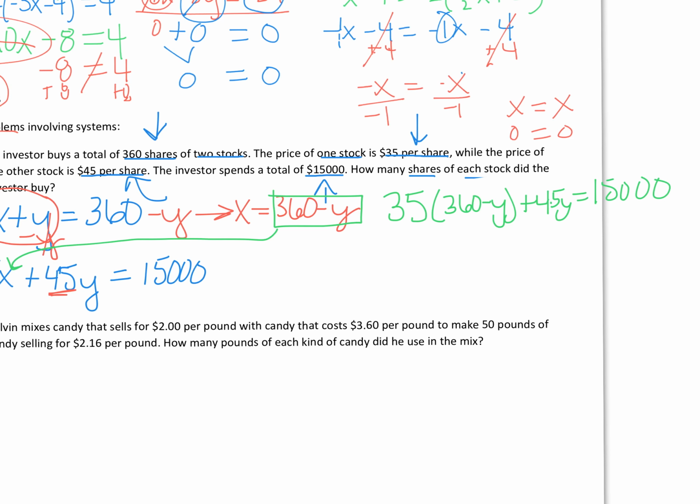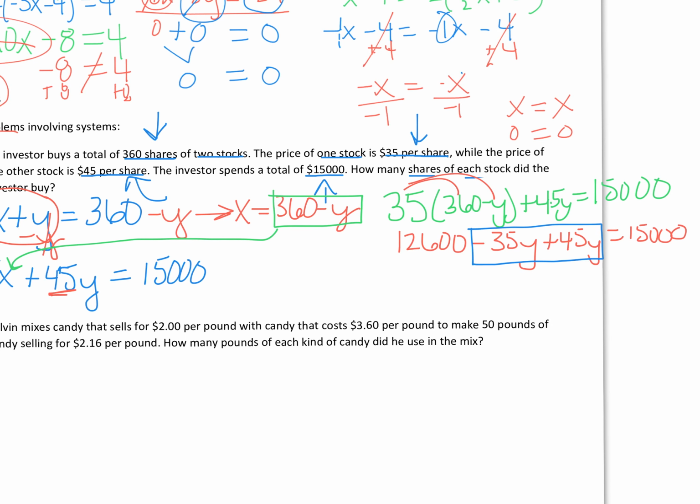All right, so now I have to distribute. So 360 times 35 is 12,600. And then 35 times a negative y is a negative 35y plus the 45y, just bring it down, equals the 15,000. I'm going to combine my like terms. This is a negative 35y plus 45y.